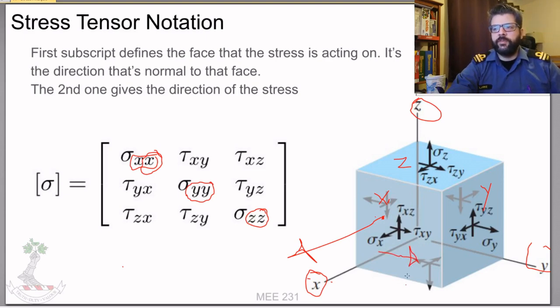So that's a shear force, because the direction of the force is parallel to the plane of the face. And then this one here, acting upon the x face, pointed towards the z. Similarly, tau zy is acting upon the z face and pointed towards y.